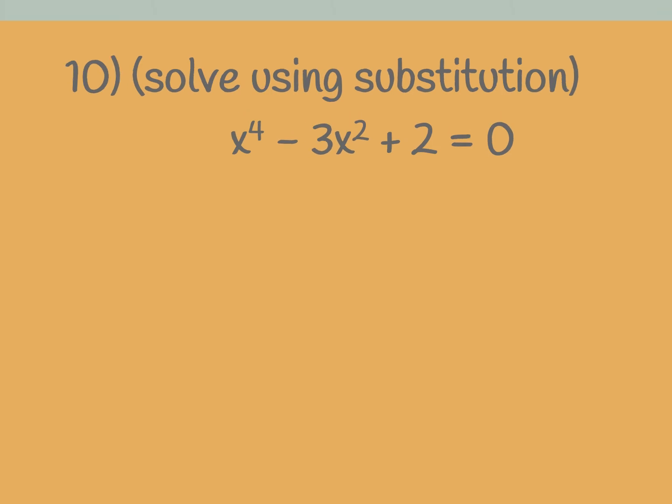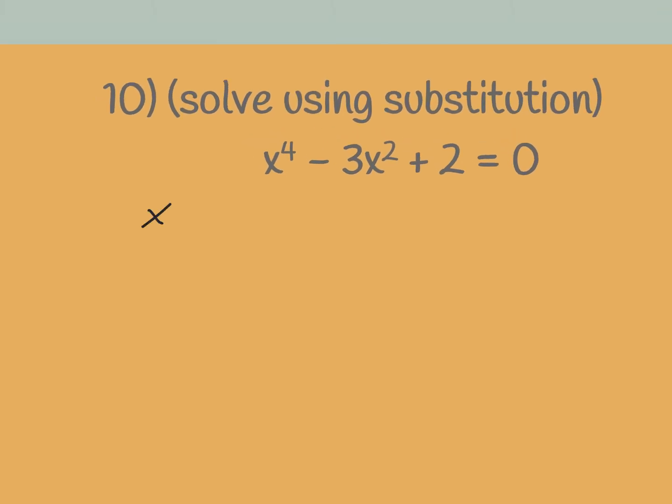So technically, I could solve this one this way. Factors of x to the 4th are going to be x squared and x squared. Factors of 2 are 2 and 1. This time, though, this number's positive, so the sign in the middle is negative, so both of my factors are negative.